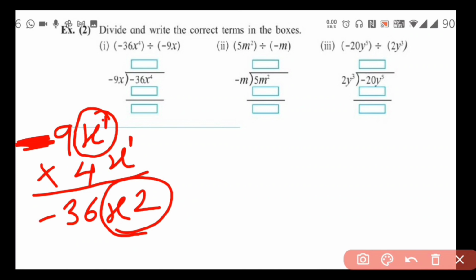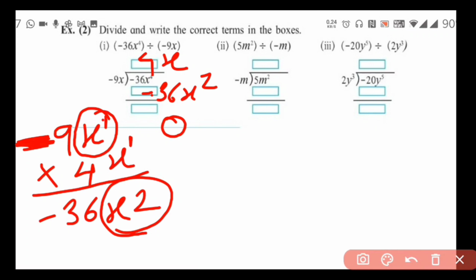So this 4x we write in the quotient. This minus 36x square we write below the dividend, and minus 36x square minus minus 36x square, the remainder is 0. So in this way we perform the operation of division, monomial divided by monomial.